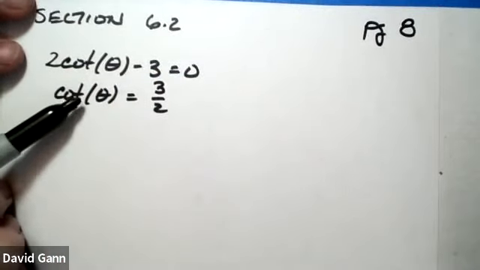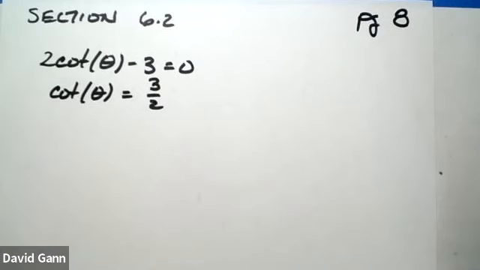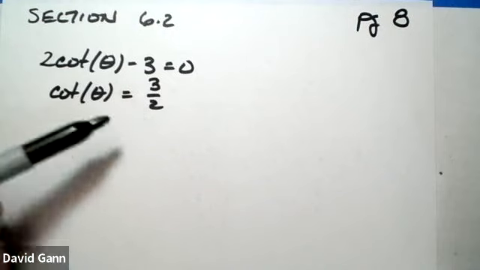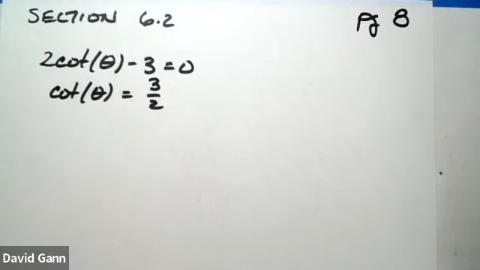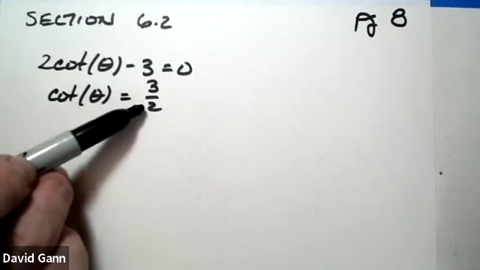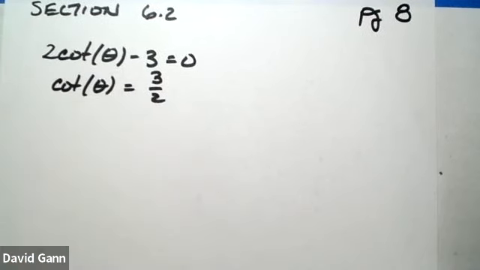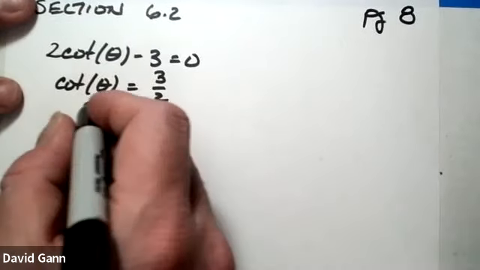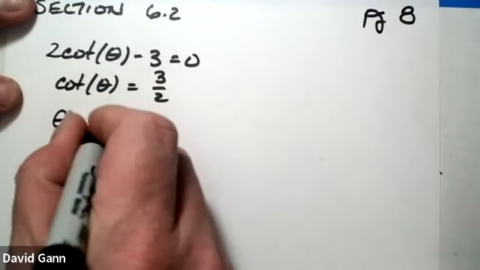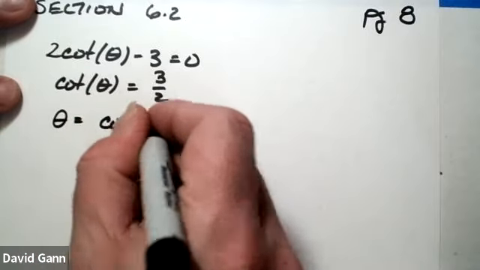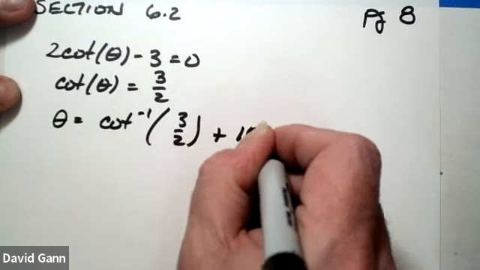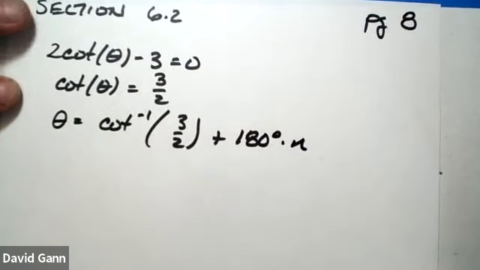Now, there is no angle we know about that is one of the known values of cotangent, right? So what we're left with is that we should simply use a calculator, because the process is no different. Theta will be equal to the inverse cotangent of 3/2 plus 180 degrees times n.